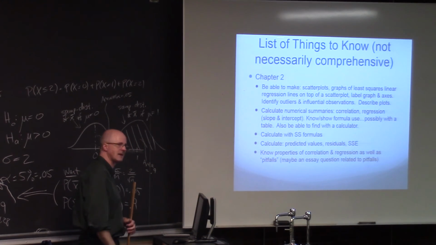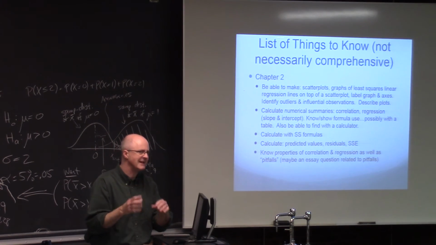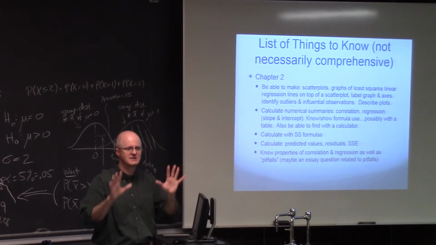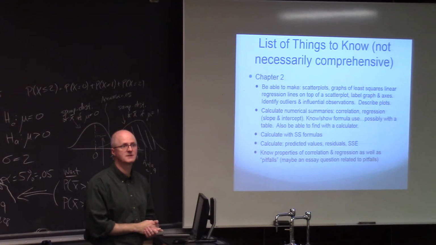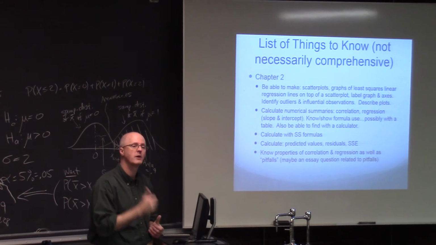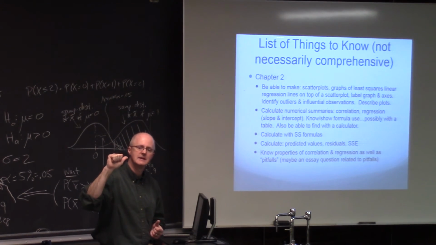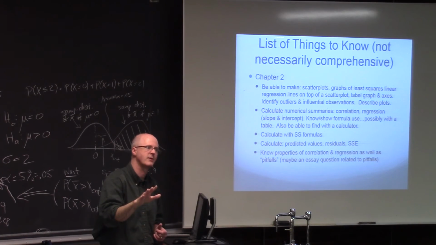Chapter 2, there's something where calculations could come up, but probably not real detailed formulas where you have to use tables. Probably the book shortcut formulas, for example, for the slope and intercept of a regression line, when you know the correlation, you know x bar, y bar, you know sx and sy. When you know those 5 numbers, there were the shortcut formulas that the book focused on.